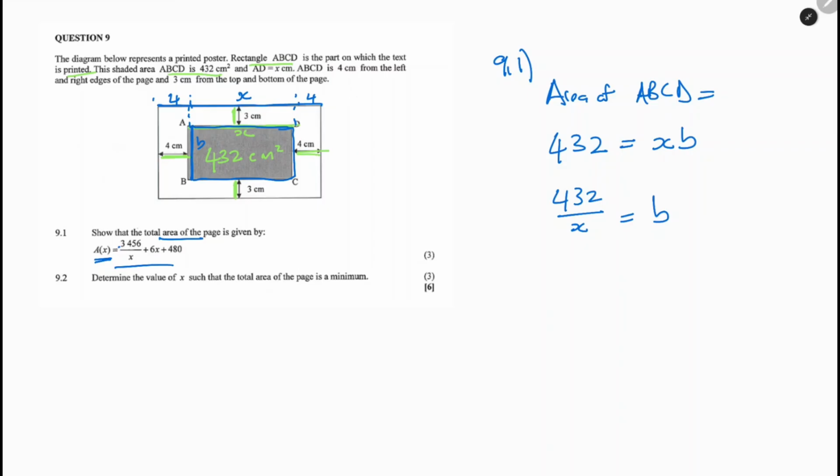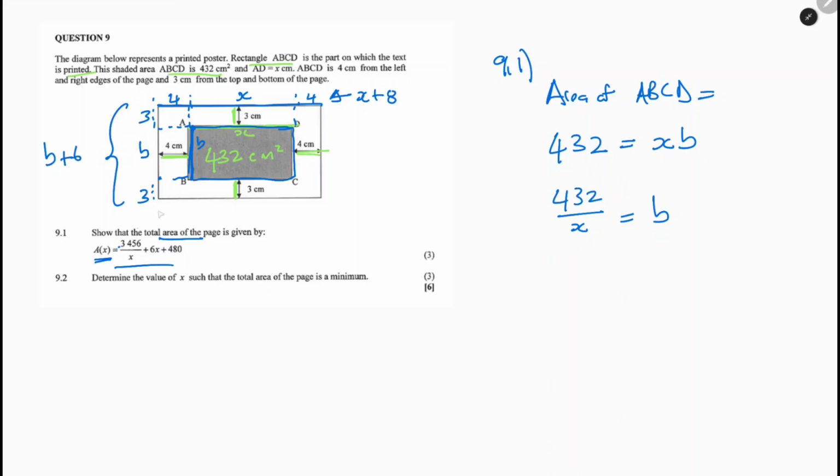So this length here on the top is equal to X plus 4 plus 4, which is X plus 8. And I wanted B because here I've got B from ABCD, and this length here is equal to 3, and that length here is equal to 3. So this side here is equal to B plus 3 plus 3, which is B plus 6.